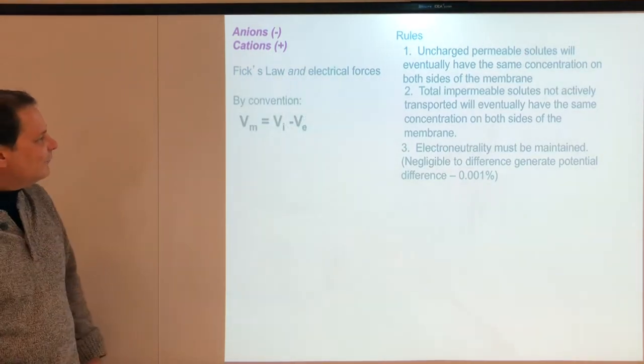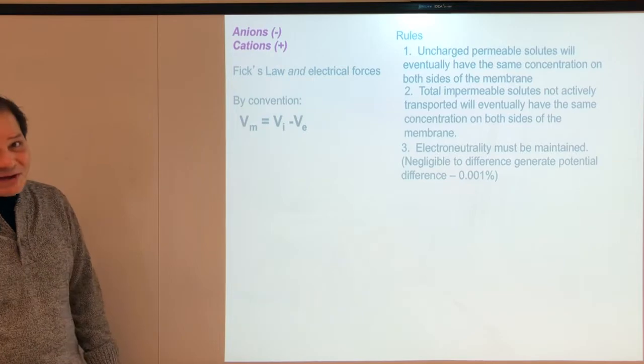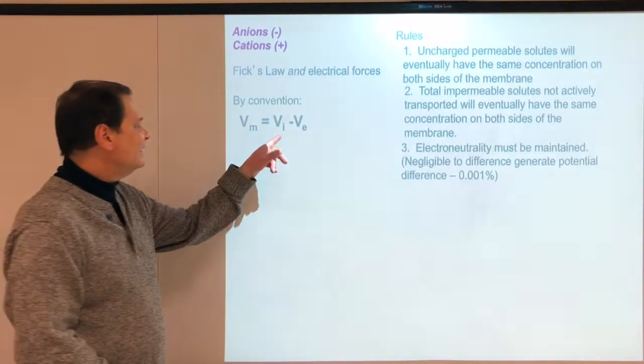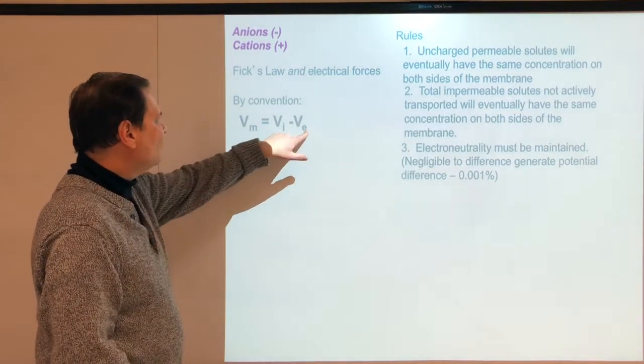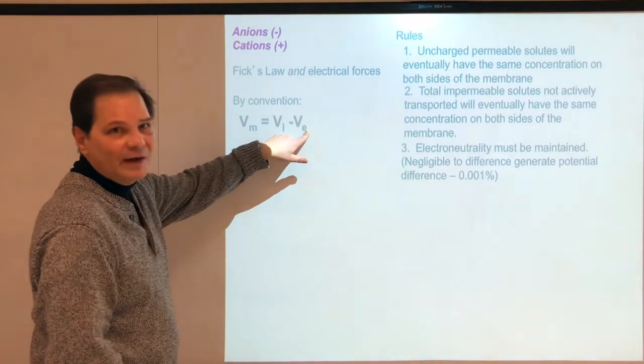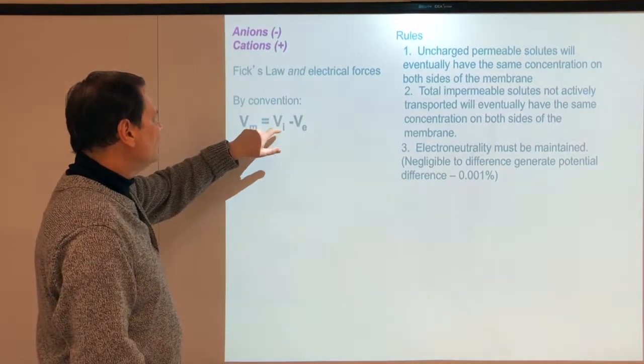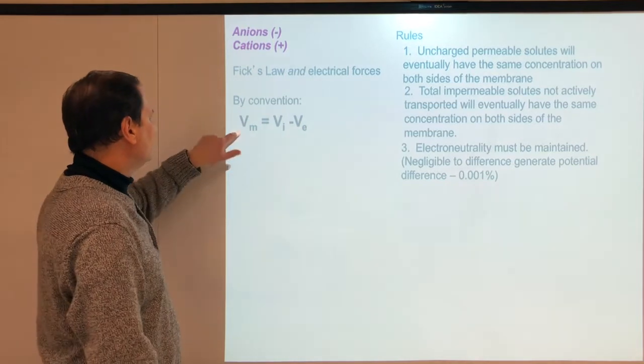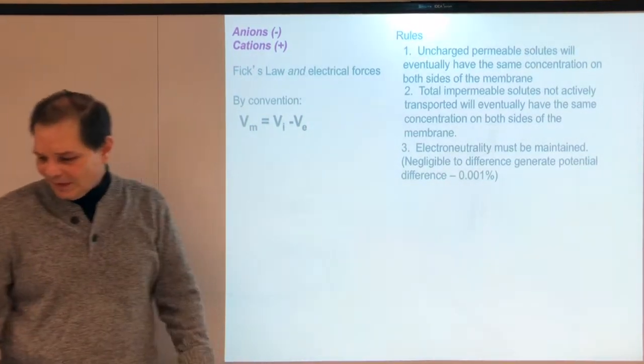And just to remind you guys what voltage actually means, it is the voltage inside the cell relative to the voltage outside the cell. So if the voltage inside is negative relative to the outside, Vm, the membrane voltage, will be negative. Okay.